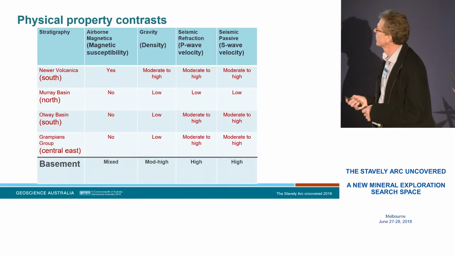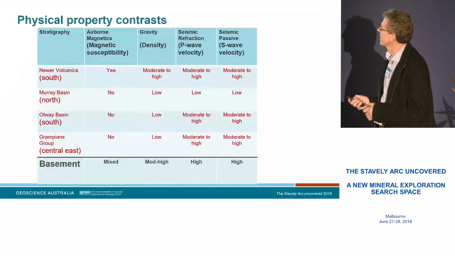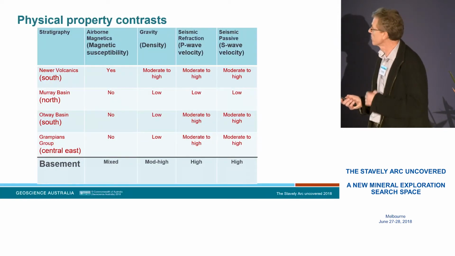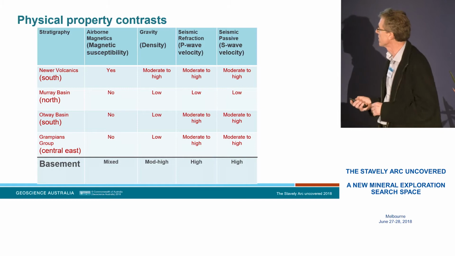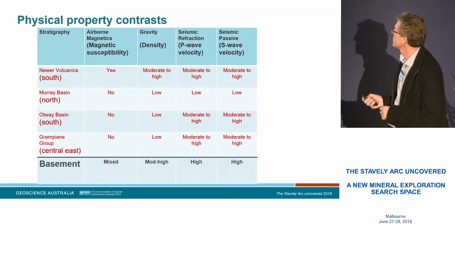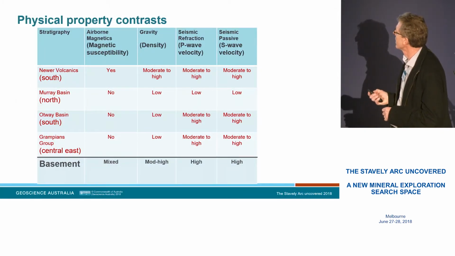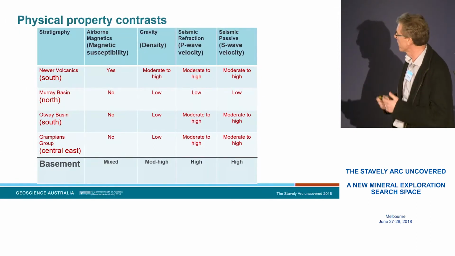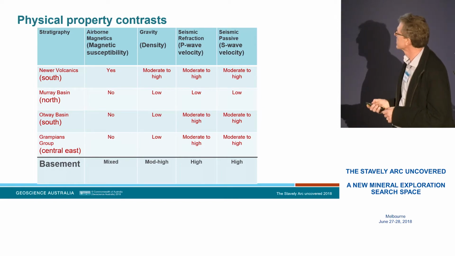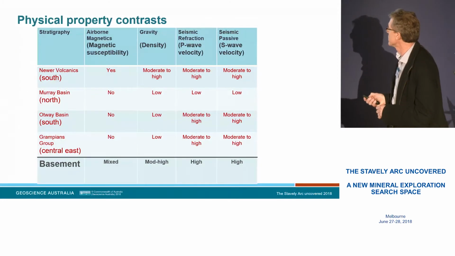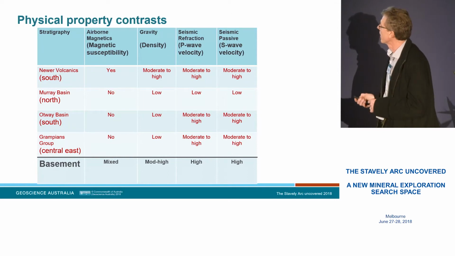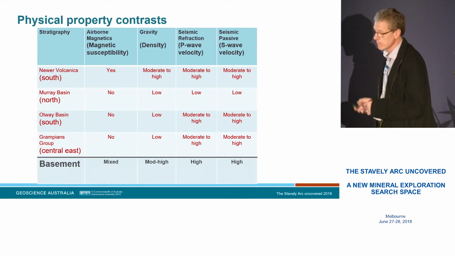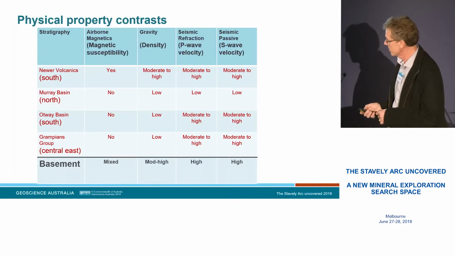The newer volcanics is problematic in that it's very strongly magnetic, which tends to just blow away your basement magnetic anomalies. It's also moderately high density and velocity as well. So there may not be a good property contrast. And some of these other cover sequences may or may not work. Otway, Grampian's non-magnetic is great, but the velocity might not be a high contrast for your passive seismic methods, but we'll see.